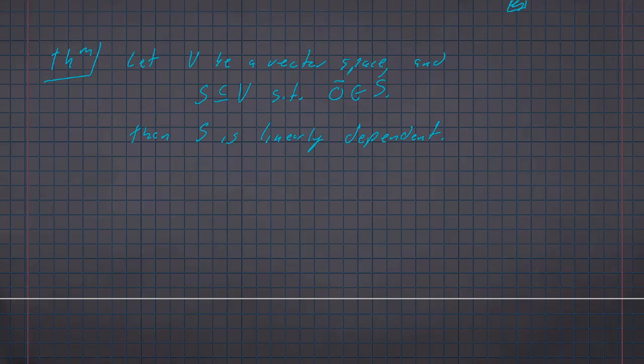Here's one more theorem. Let V be a vector space, and let S be a subset of V such that the zero vector is one of the elements in set S. In this situation, just that fact is enough to determine that S is going to be linearly dependent.